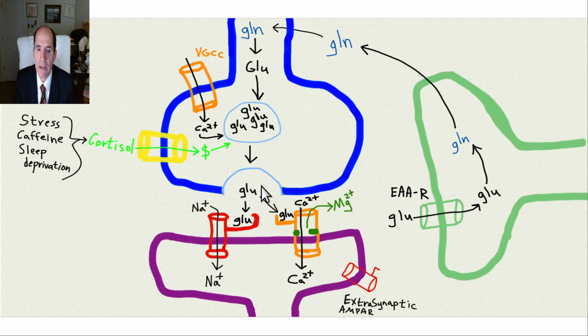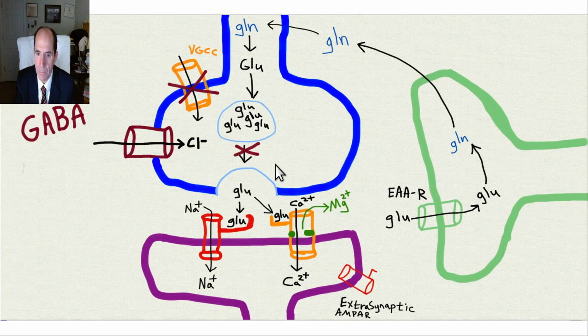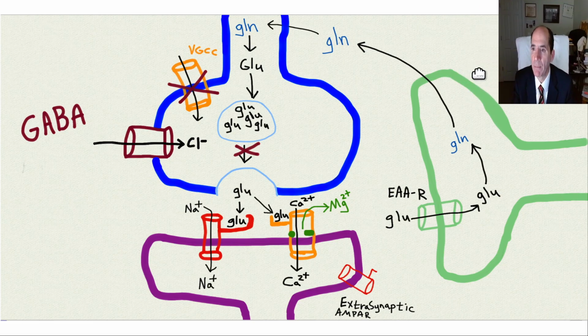Okay, just another reminder of the synapse. Cortisol will activate glutamate release. Voltage-gated calcium channels letting calcium in activate glutamate release. Oh, I just threw this other slide in here to show you what GABA is all about. GABA is sort of the opposite of glutamate. So again, 90% of neurotransmitters are glutamate.